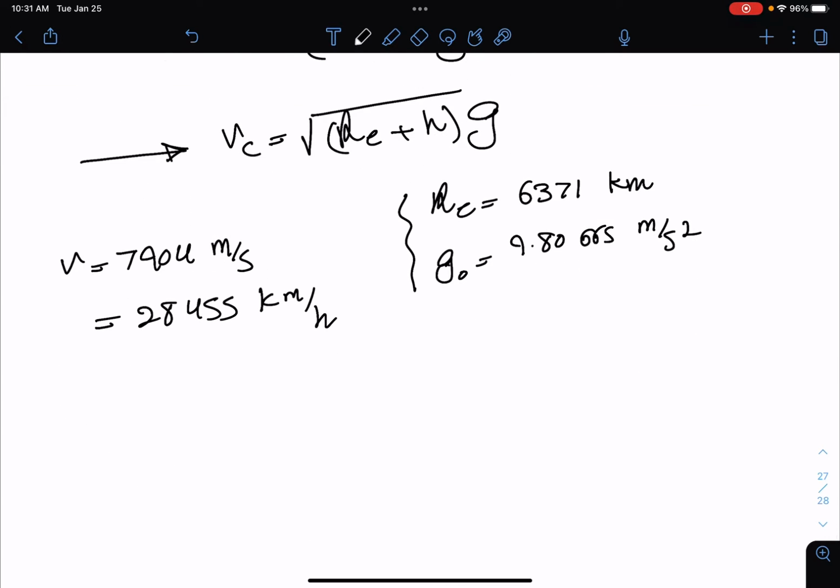So, during regular flights, are we close to this speed? Not at all. What is the Mach number of this speed?